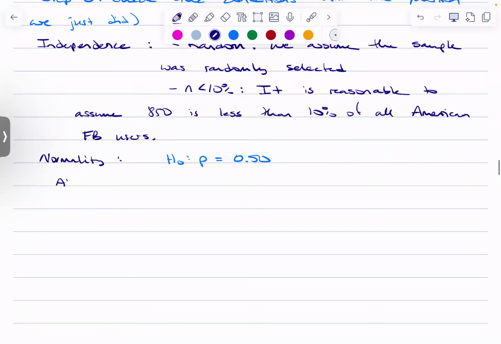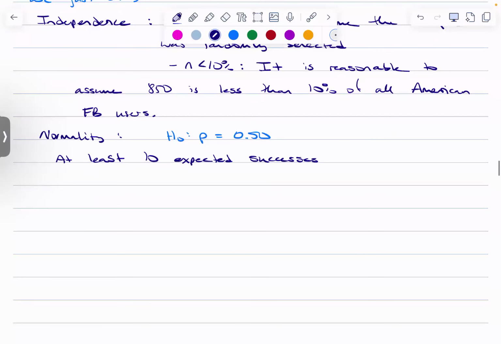So we need at least 10 expected successes, which is n times p naught, which is 850 times 0.5, which is 425. That's greater than 10.